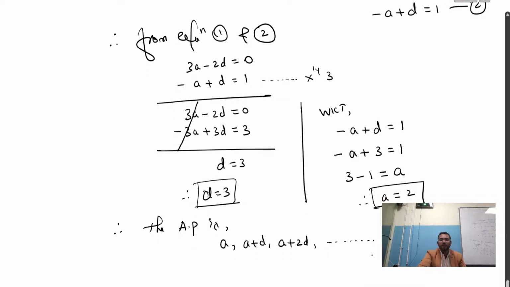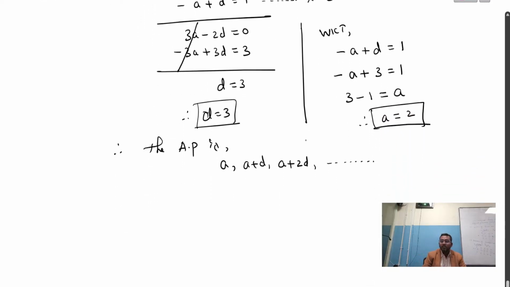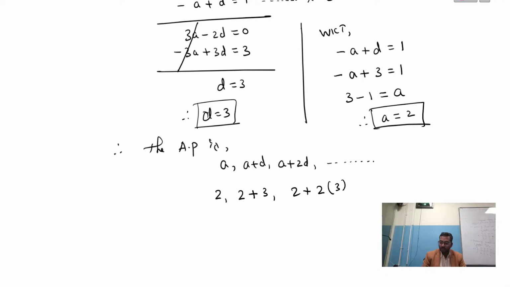But if you write 3 numbers, that's more than sufficient. Just substitute the value of A as 2. A is 2, plus D is 3. A is 2, plus 2 into D is 3, and so on. 2 comma 3 plus 2 is 5 comma 3 2s are 6, 6 plus 2 is 8, and so on. This is the AP.